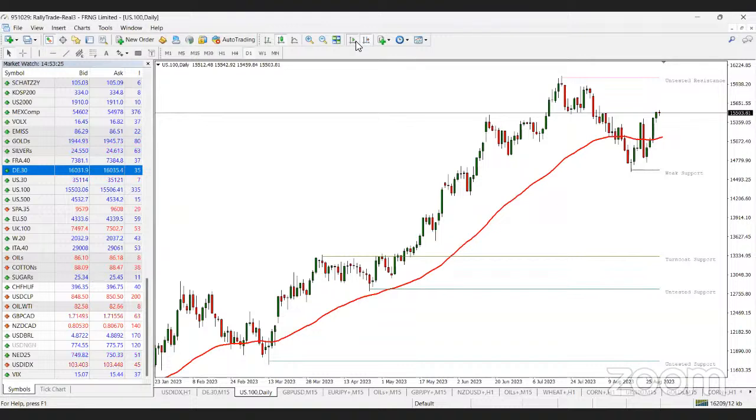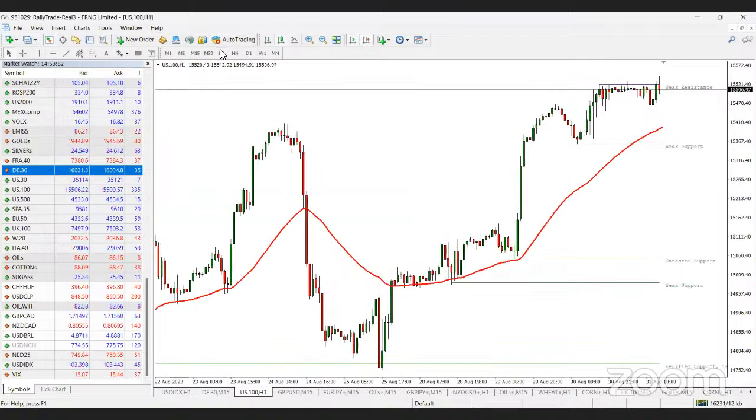The best thing to do is to be patient, wait for price to retrace towards the closest support, and you can take a buy from there once price is returning back to the trend. You understand? That's how I would explain US 100. For people trading US 100, that's just how I'm going to explain US 100 today.